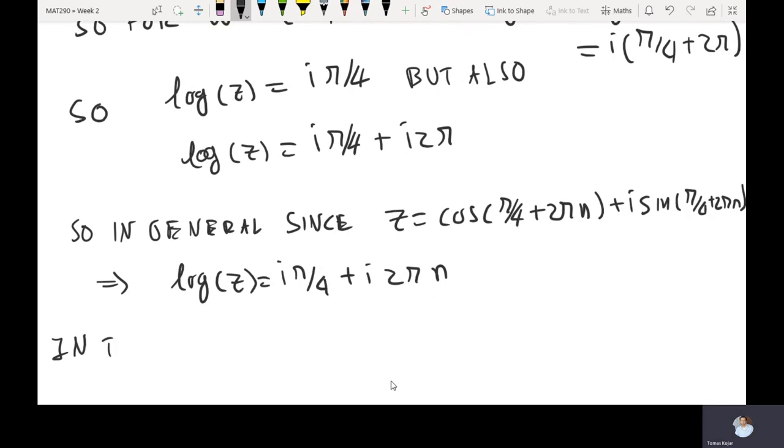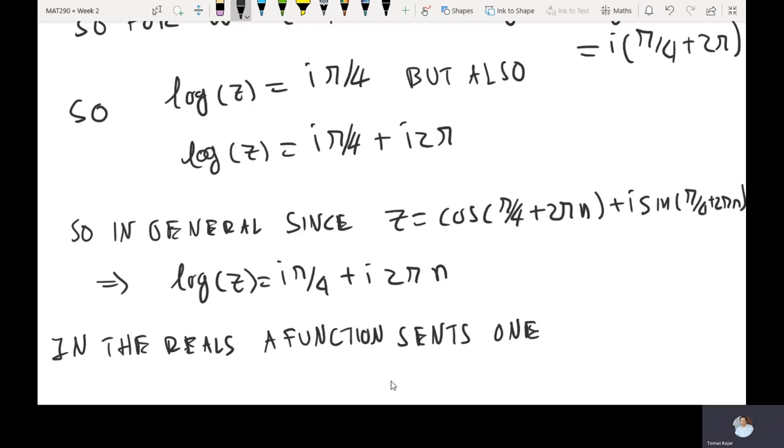In the reals, a function sends one input to one output.